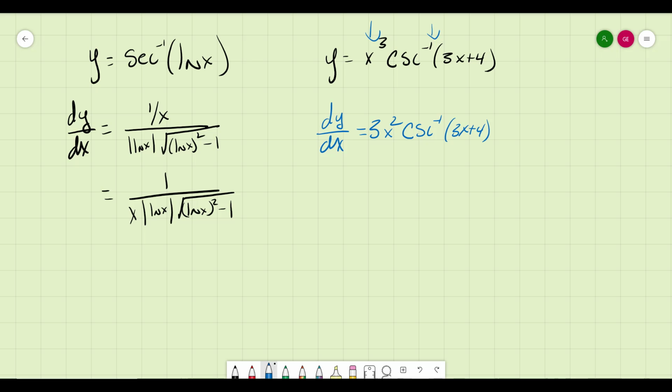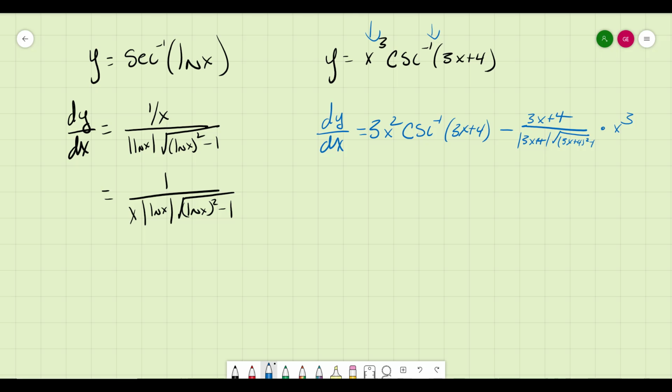And then I would normally do plus the derivative of the inverse cosecant, so that would be minus the 3x plus 4 over the absolute value of 3x plus 4 times the square root of then 3x plus 4 squared minus 1 times this first part, x cubed.